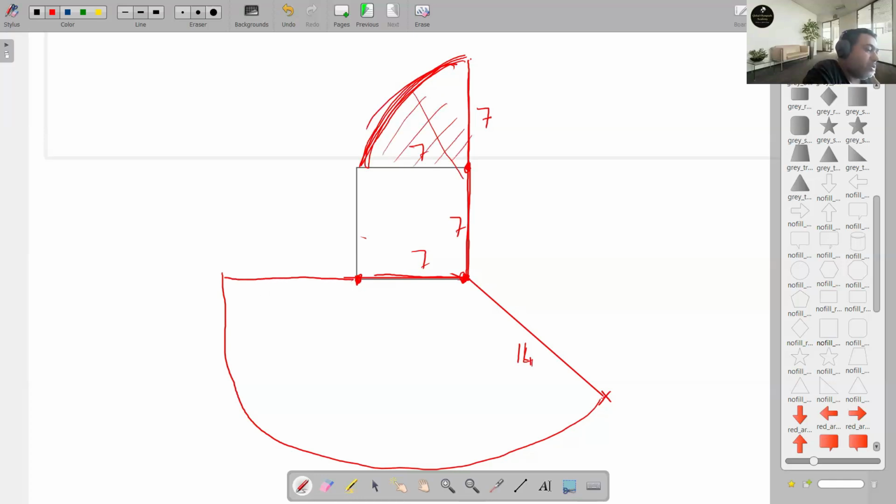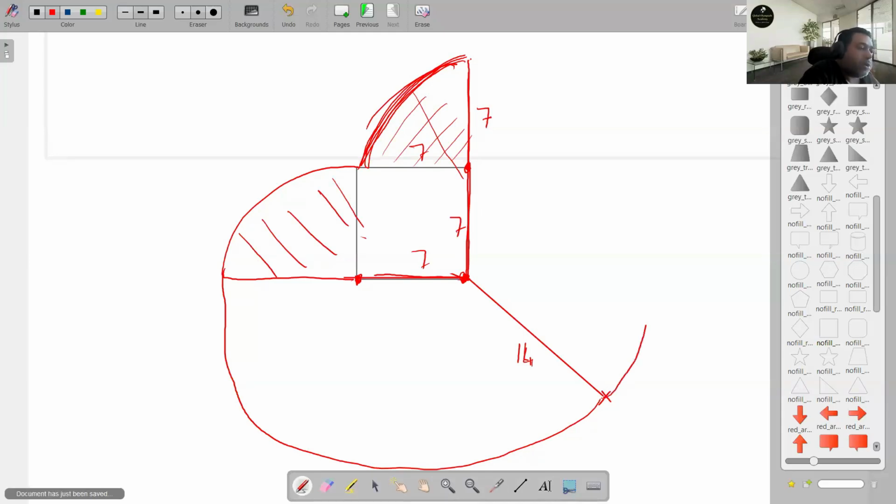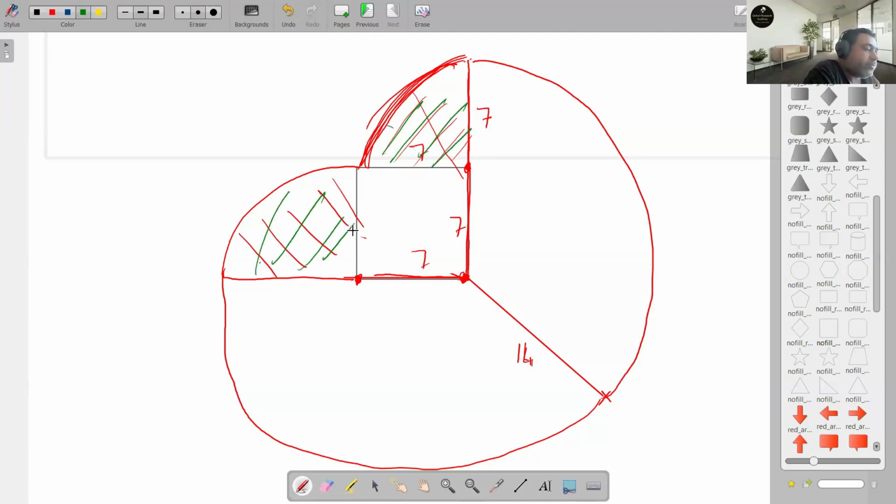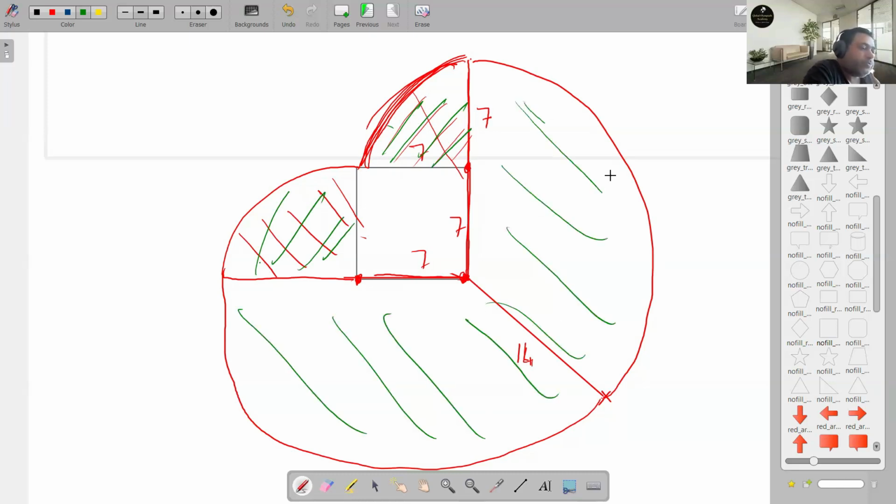Similarly, over here also, it will pivot over here. And anywhere in this region, it will eat grass. And all the way up to here, it will also eat grass. Right, so let me put all these regions in green. All right.